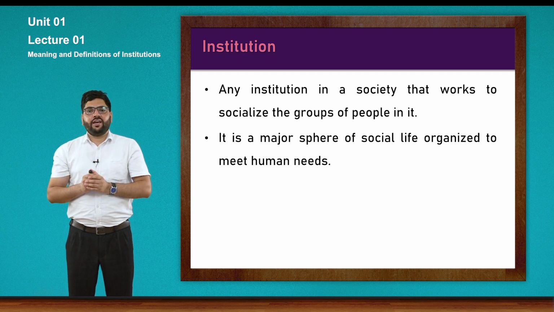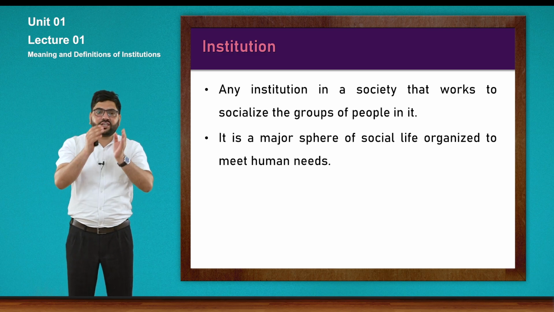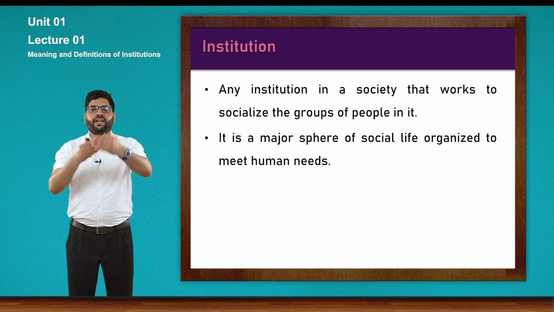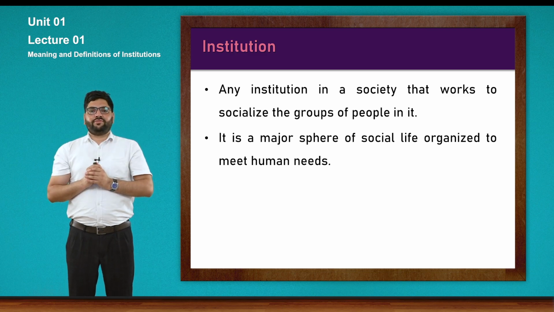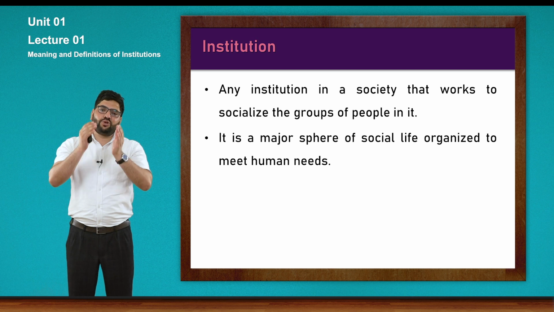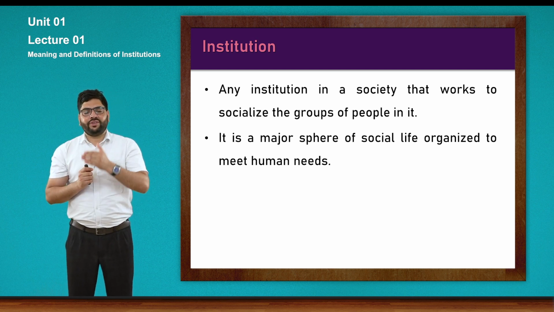Socialize here means how to deal within the society, how to talk with the others in the society, how to have the relationships, how to have the dealings. As we are the social beings, we have to interact with the external world. That is the reason I am here saying that it is the job of these institutions that they socialize the group of the people within the society.